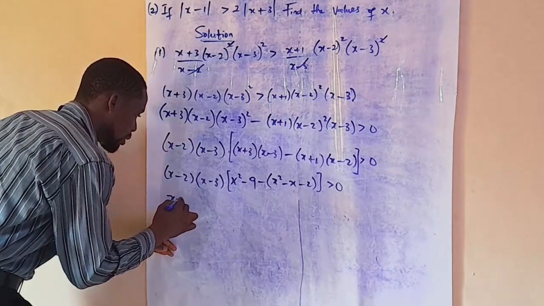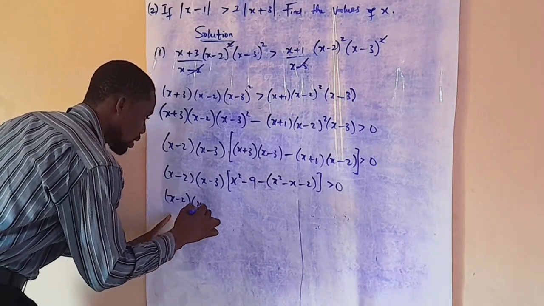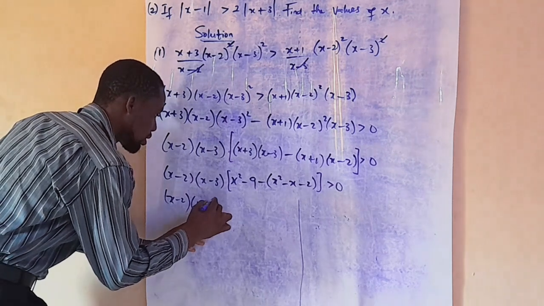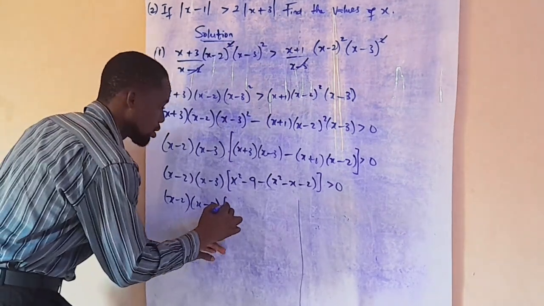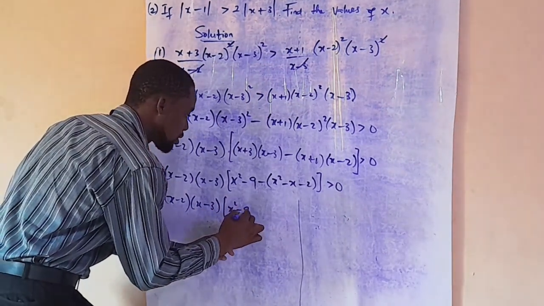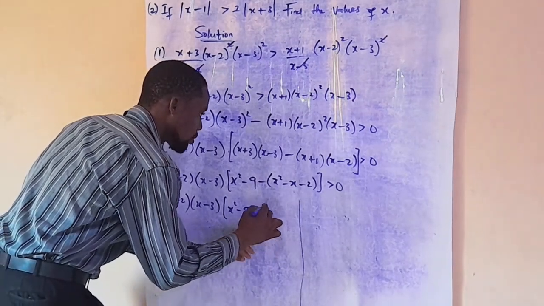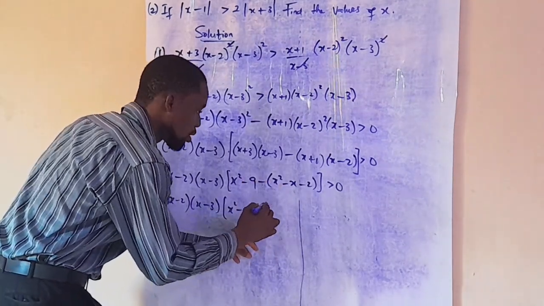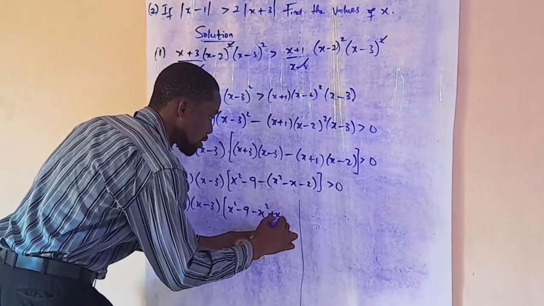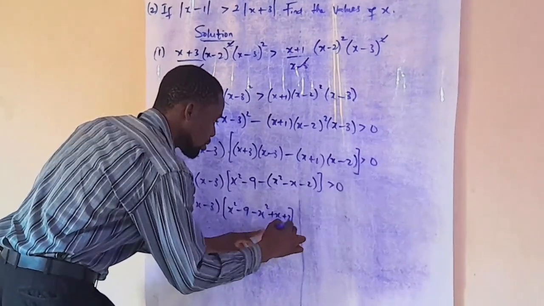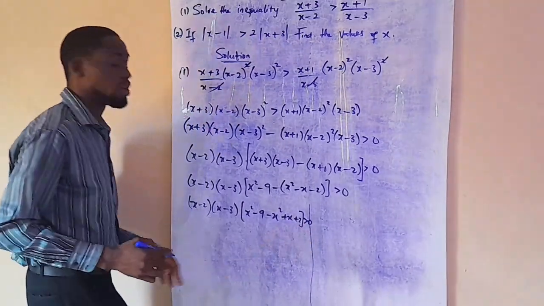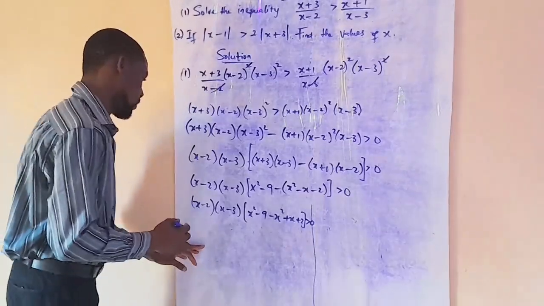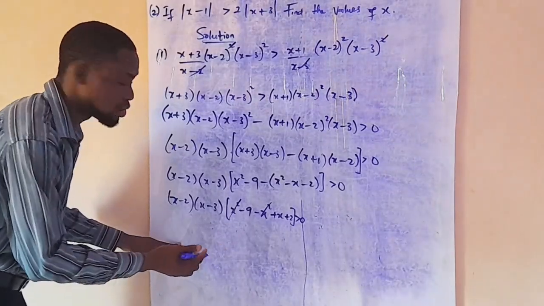Expanding, (x - 2)(x - 3) into this is x squared minus 9 minus x squared, using minus to expand now, plus x plus 2, is greater than 0. Now, this will cancel this because of minus.